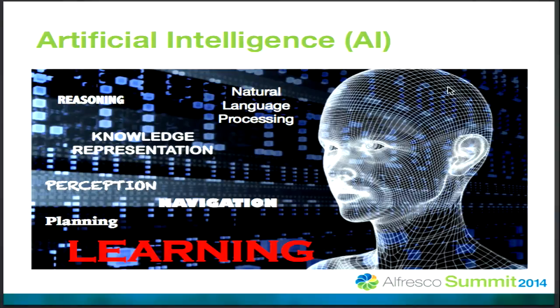For example, robotics is the area addressing navigation, image and video processing addresses perception, and semantics addresses knowledge representation. Machine learning is the area where we are trying to give machines the capability to learn.